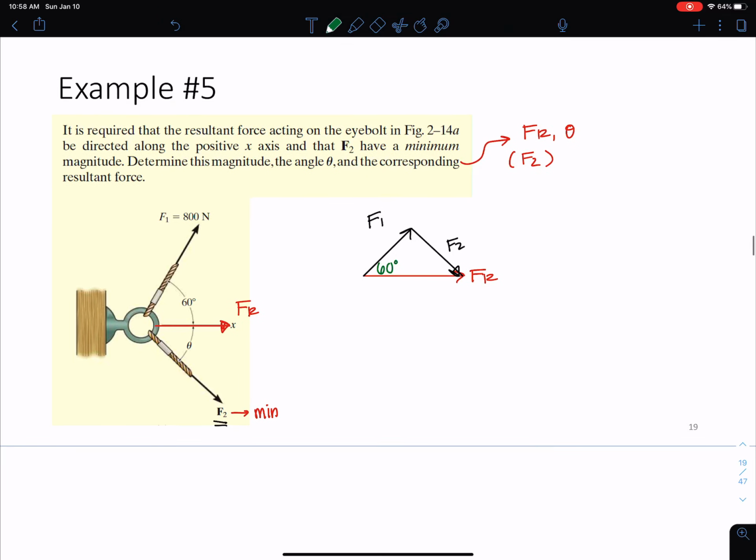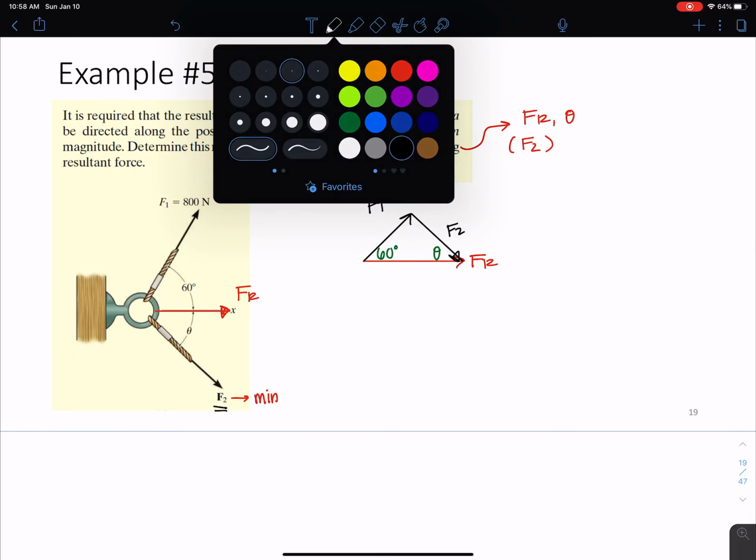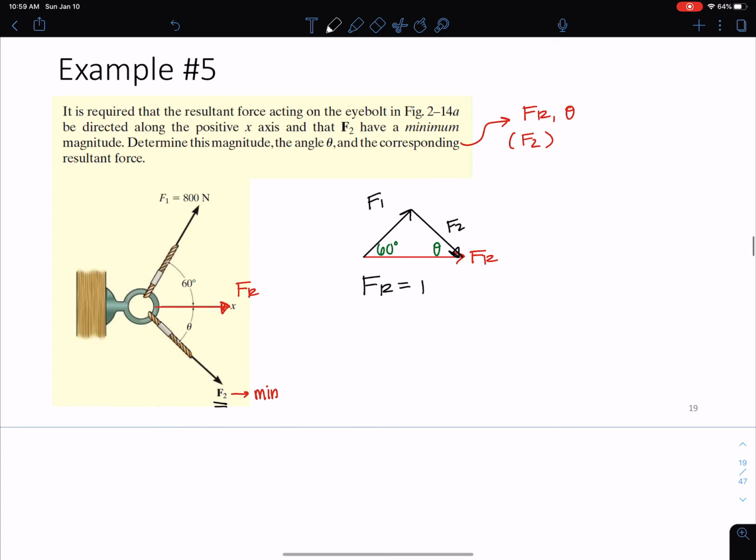I don't know what this angle theta is, it's not given to me. Now, I know that FR is equal to F1 plus F2, and I don't know what F2 is. But basically, F2 can be any vector as long as its head is touching this horizontal line. Let me show you what I mean by that.